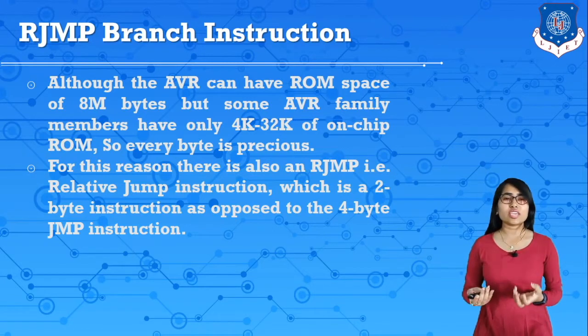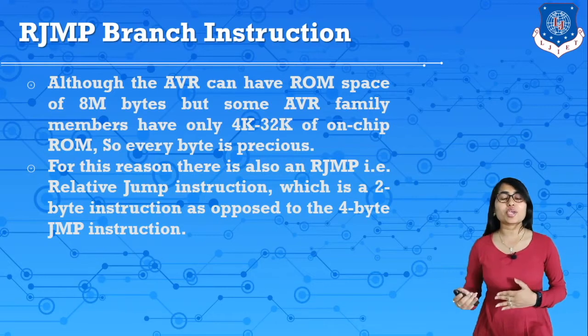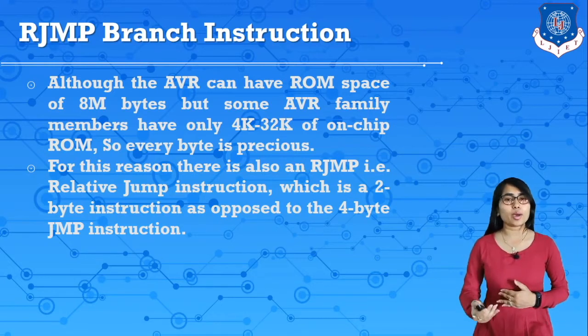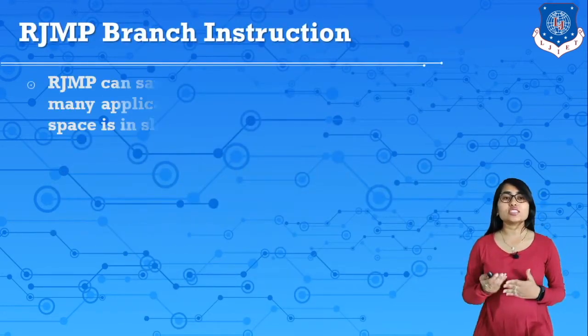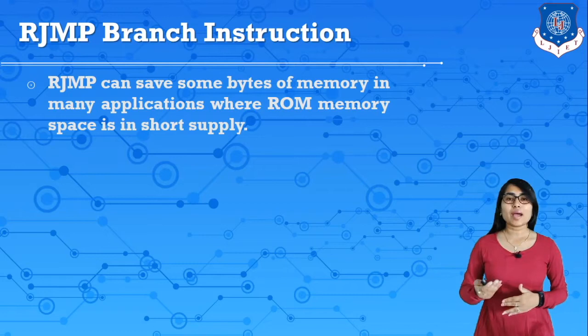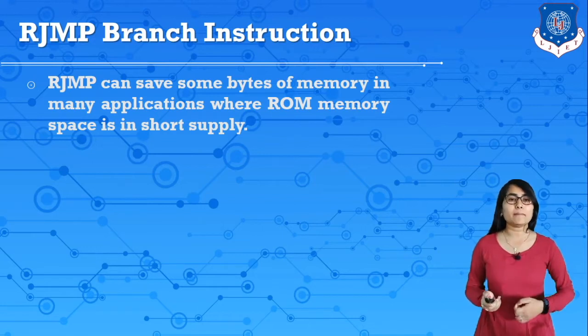RJMP, the relative jump, is a 2-byte instruction as opposed to the 4-byte JMP. It can save some bytes of memory in applications where ROM space is in short supply.